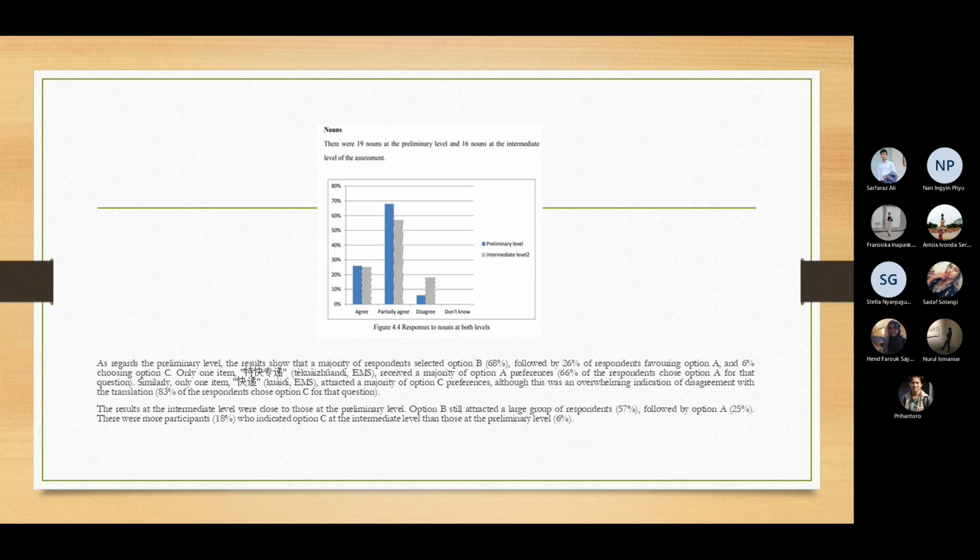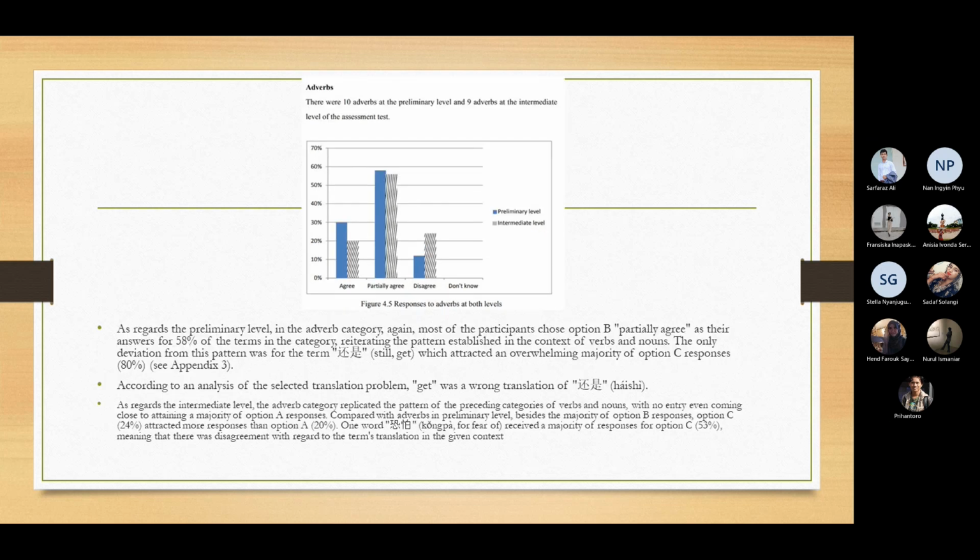And at the intermediate level, 80% of the population were indicated, and at option 20, there were more than 18 who indicated option C, and 57 percent were B, and then 25 percent were A.